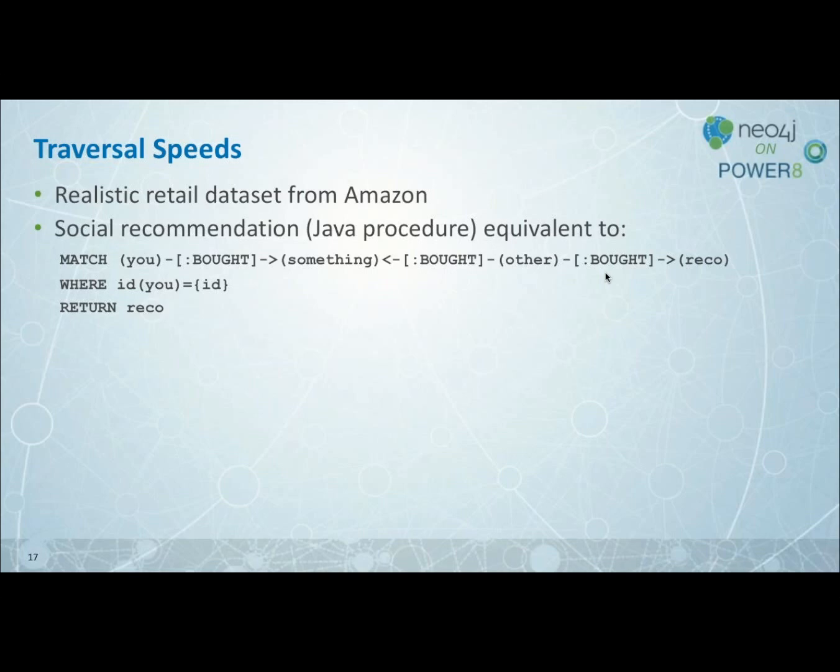So you bought something, and then someone else bought something, and that someone else bought other things, and those other things are what I want to recommend. So it's a simple multi-hop query. Expressing this in SQL is quite a bit more complex. Here I've expressed it pretty easily.